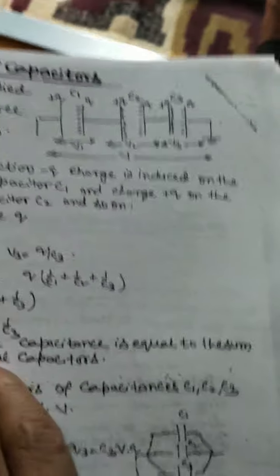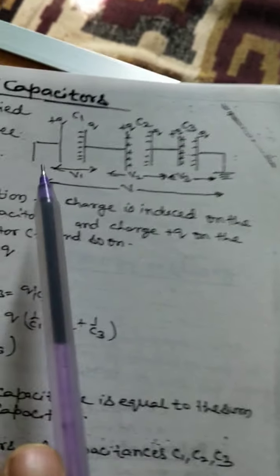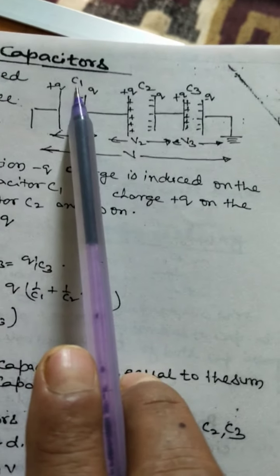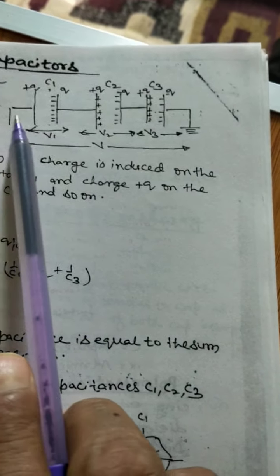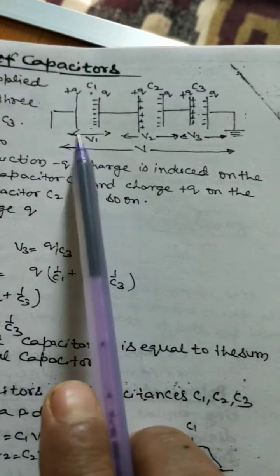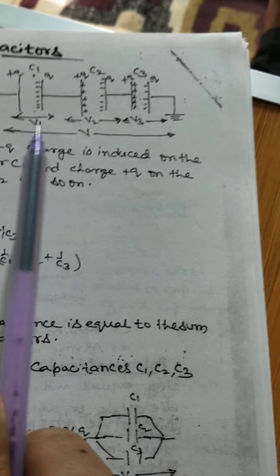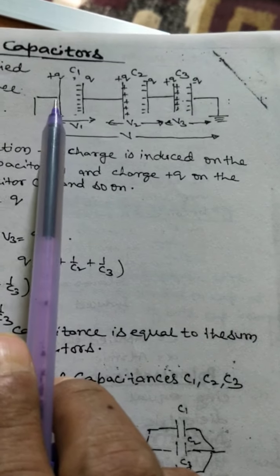Now, capacitors can be combined in two ways. First, suppose they are connected in series. Look here in the figure. This is the first capacitor of capacitance C1, second C2 and third C3. These three are connected in series one by one. Let us suppose the charge Q is given to the first plate of the first capacitor.